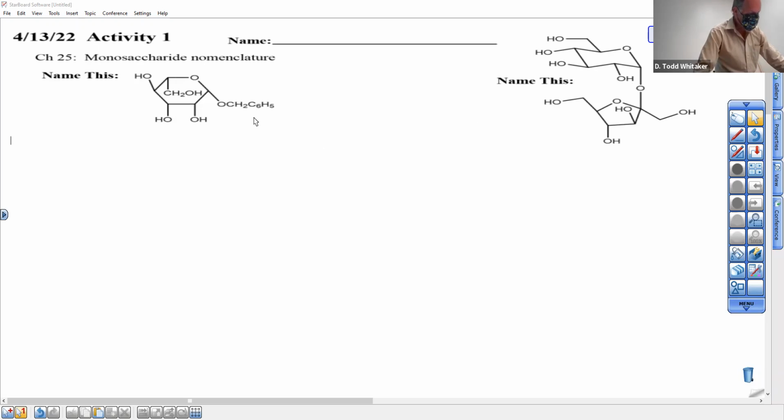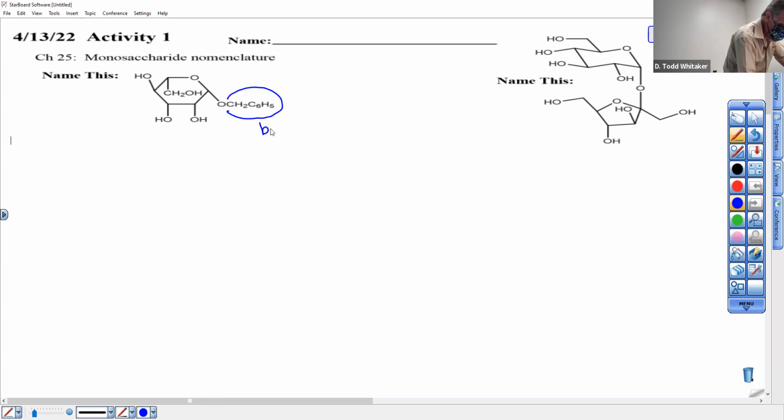So this one's going to be an O-side, isn't it? It's got an acetal over here. And I just want to remind you that group over there is a benzyl group. Benzyl.